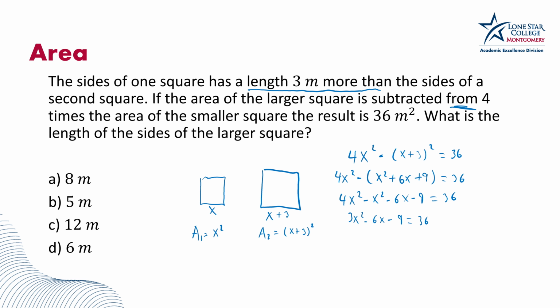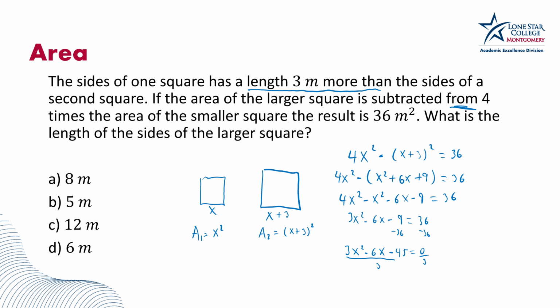Because it's a quadratic equation, we want to move our 36 over to the left side, so we subtract 36 from both sides. So 3x squared minus 6x, and negative 9 minus 36 gives us negative 45, equal to 0. Before we try to factor this into two binomials, we notice that 3, 6, and 45 are all divisible by 3, so we divide both sides by 3.